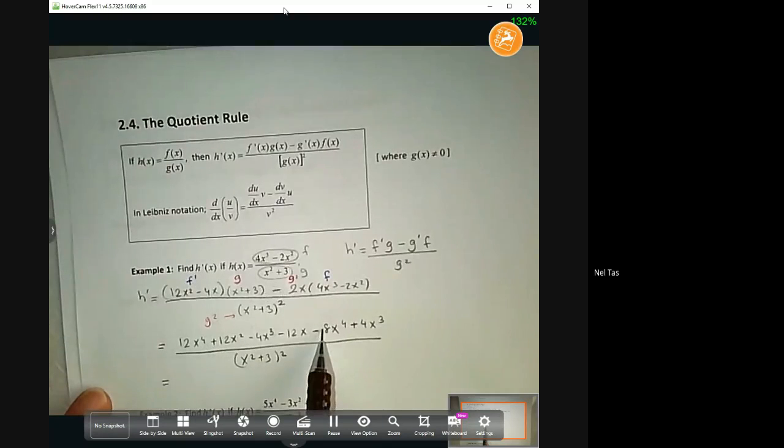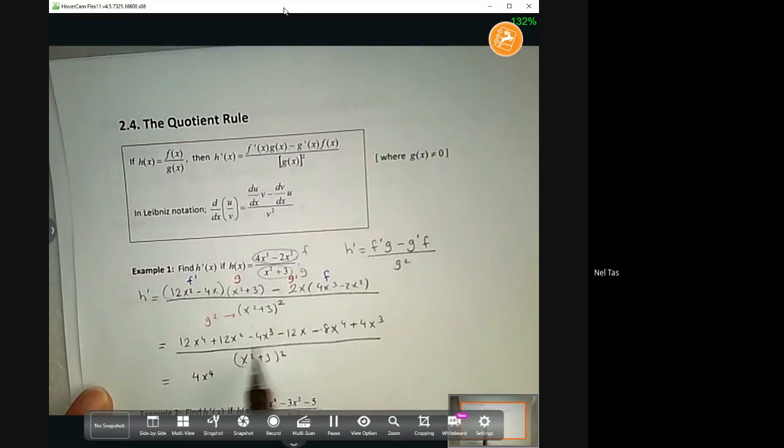We have then 4x to the power of 4, 12. The x cubes are gone. And then we have, is there a mistake here? Let me see.